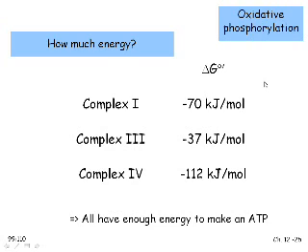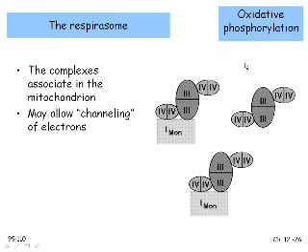A lot of time was spent trying to do it at the molecular level, and that turned out to be a wild goose chase. I've talked about these complexes as if they're all free floating in the membrane, but in fact, in many mitochondria, the different complexes are associated with each other in order to make it a more efficient process.